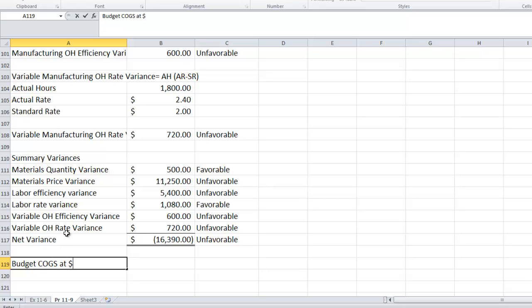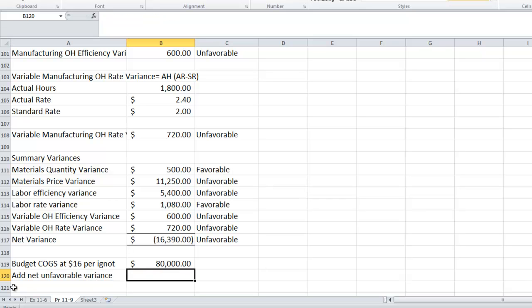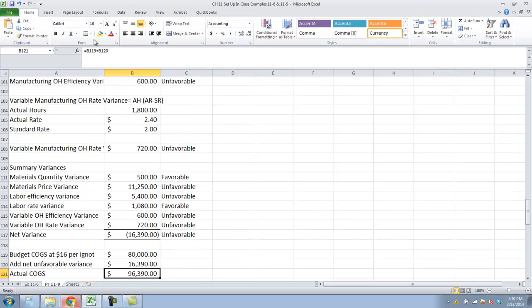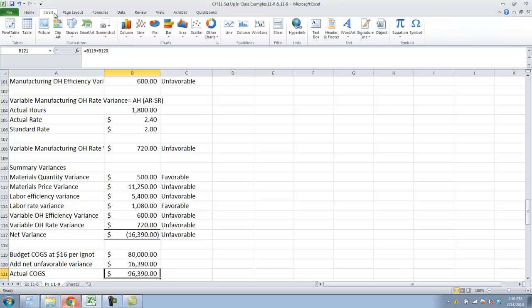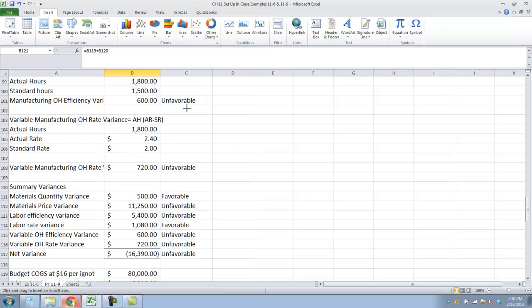at $16 per unit equals 80,000. Add our net unfavorable variance and you should be able to get to actual cost of goods sold.